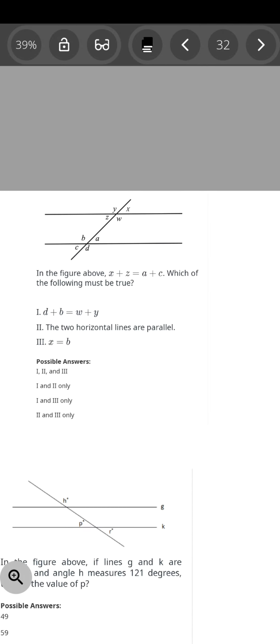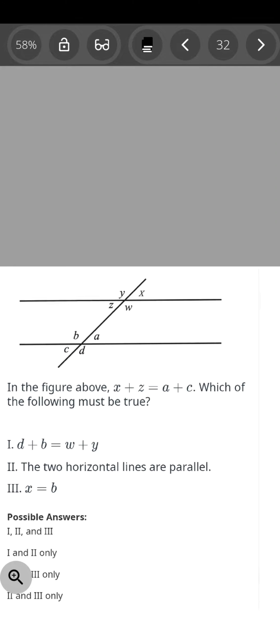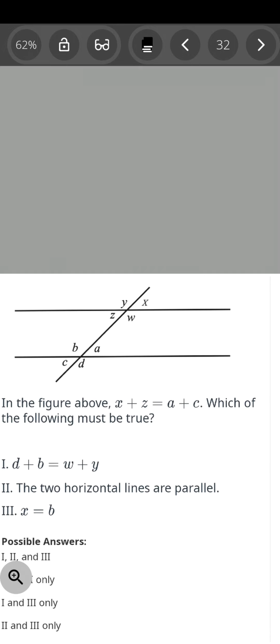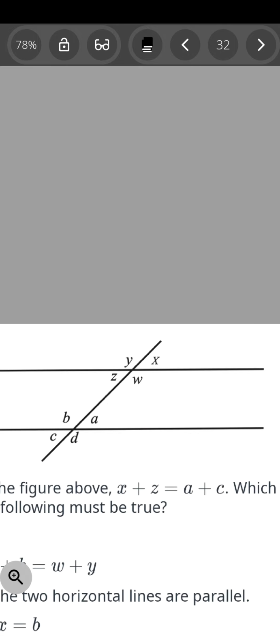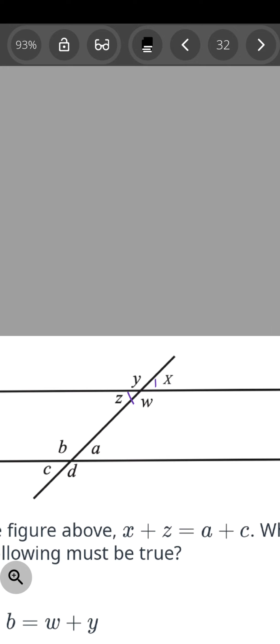Our next question is that in the figure above, x plus z is equal to a plus c. Which of the following must be true? In the figure which is given to us, we see that the angles x and z and respectively the angles A and C are vertical angles. It means that their values must be equal.